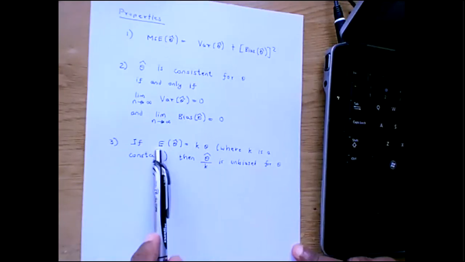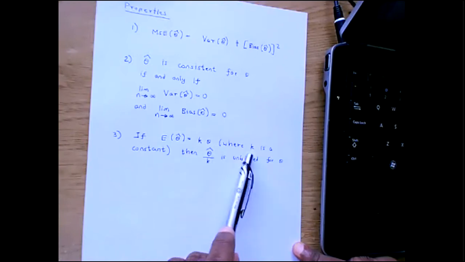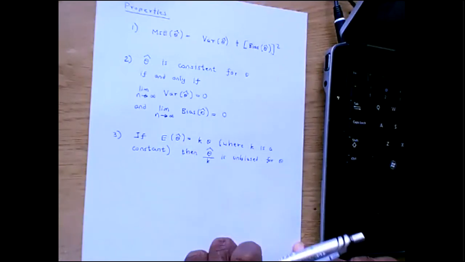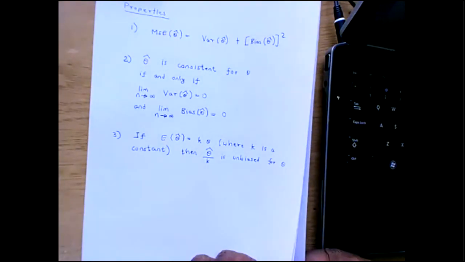That's the third property. If the expectation of theta hat is k times theta, where k is a constant, then this is unbiased for theta. Right. So these are 3 properties, and I think I've given the proof of them.